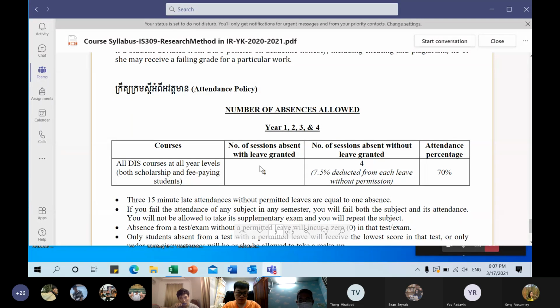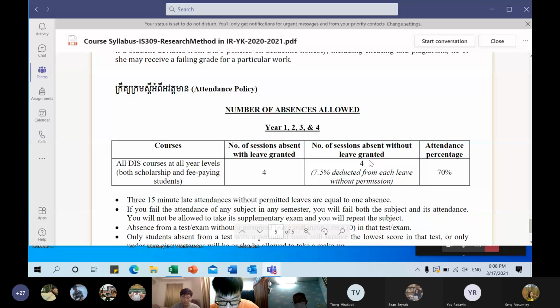Usually you can be absent for 4 sessions with leave granted without affecting the attendance score. You still have 100%. But a teacher can grant permission for only 4 sessions. So if you are absent another 4 sessions without leave permission, because each one accounts for 7.5%, it means that 4 sessions you lose 30%. So you will have only 70% remaining, which is the minimum passing score.